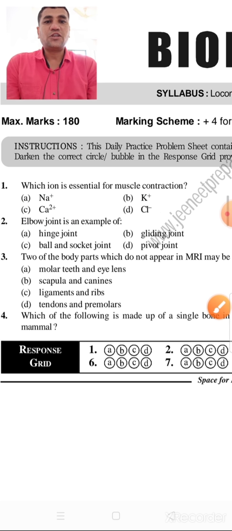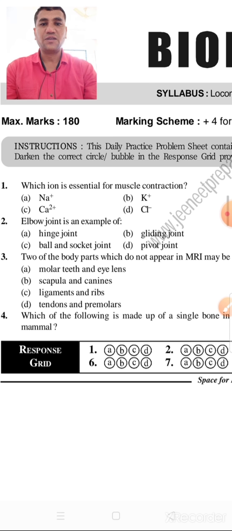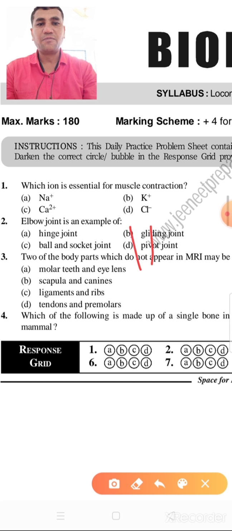Next, elbow joint is an example of. So in order to understand the different types of joints, already you know about elbow joint. Joints are the HIKE. If you remember, this is the most repeated question.